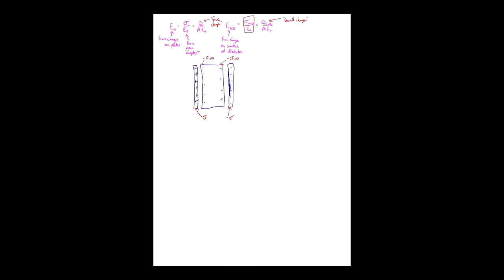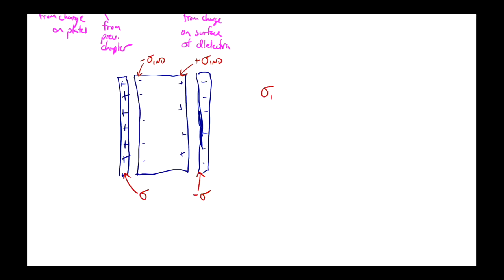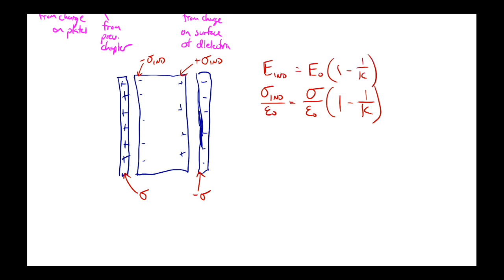So we can write sigma induced over epsilon naught equals sigma over epsilon naught times 1 minus 1 over k, because we had E induced equals original electric field times 1 minus 1 over k. And now we can cancel out those permittivities, and we have sigma induced equals sigma times 1 minus 1 over k. So a relationship between the two charge densities.